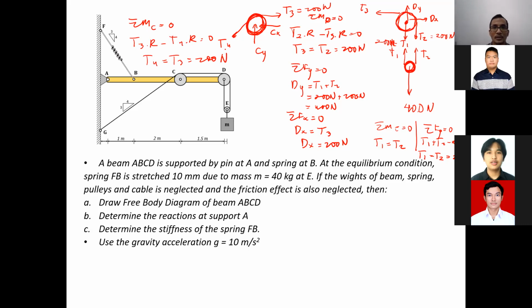Now, using sigma Fy equal to 0, what will you have there? Cy minus T4 components. For T4, do we need to make it into X and Y components?